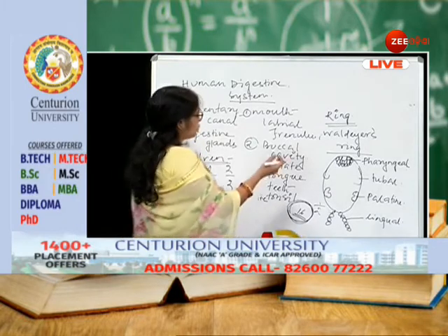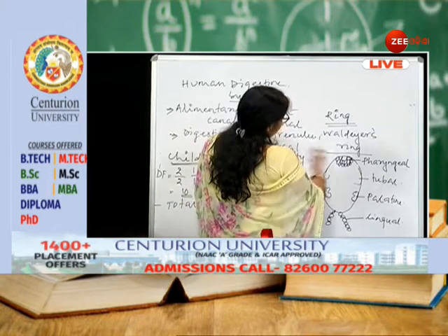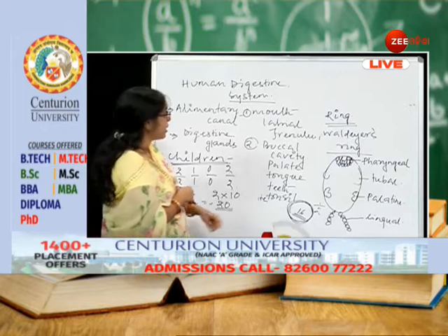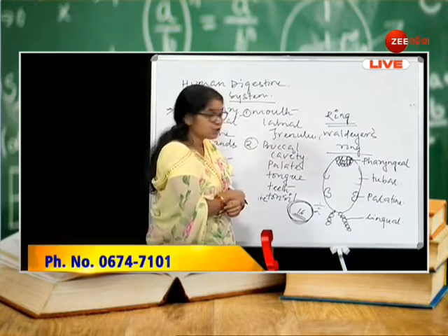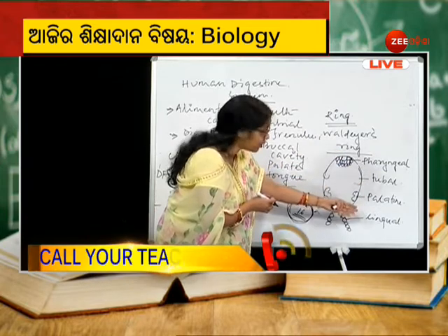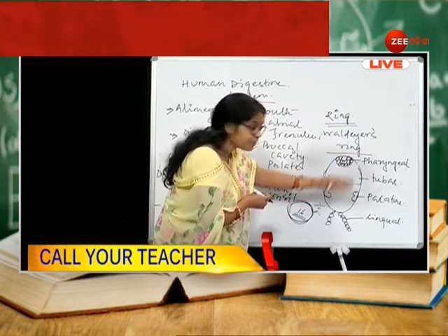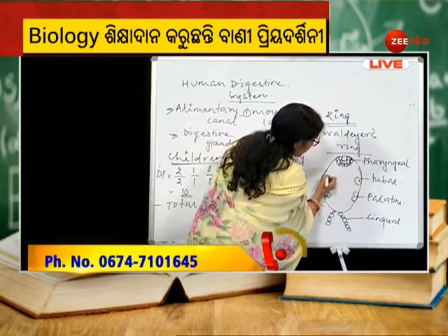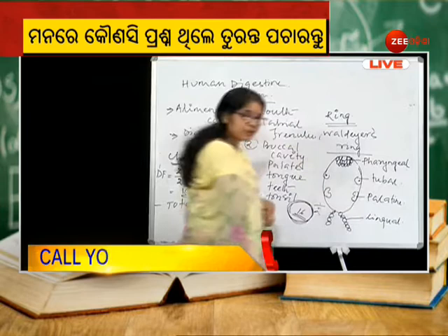So, in case of human, the tonsils are arranged by forming a ring, and that ring is known as Waldeyer's ring. Within that ring-shaped structure, there are 4 different types of tonsils. First one is pharyngeal, second is tubal, third is palatine, and fourth is lingual.